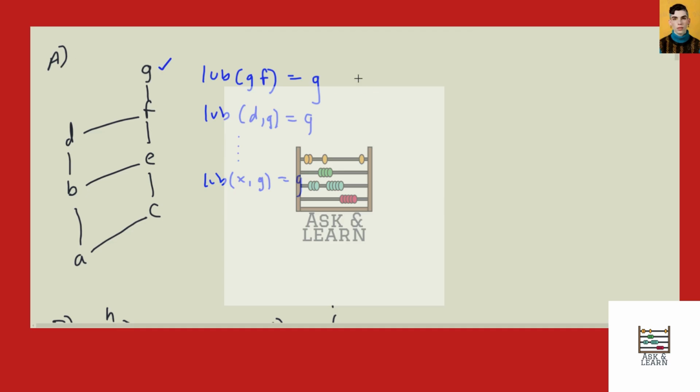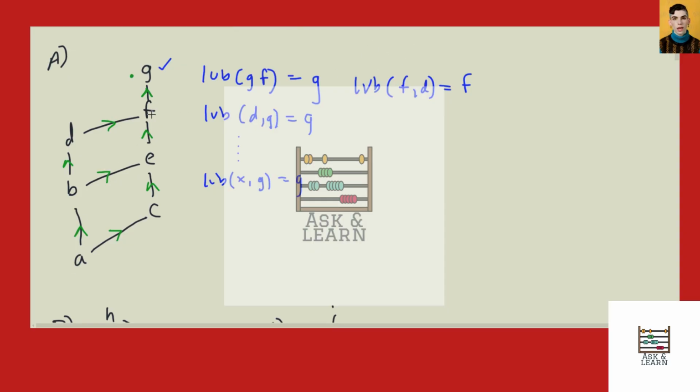So that top one is good for upper bounds. All right, now what about this next one? The lowest upper bound of F and D. Well, this is going to be F for the least upper bound, because we could also have an upper bound in G, since this is oriented with the greater elements on top and the least elements on the bottom.